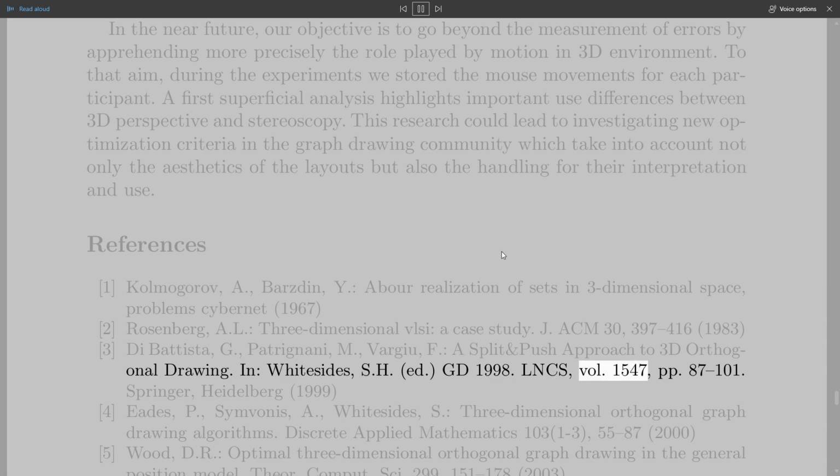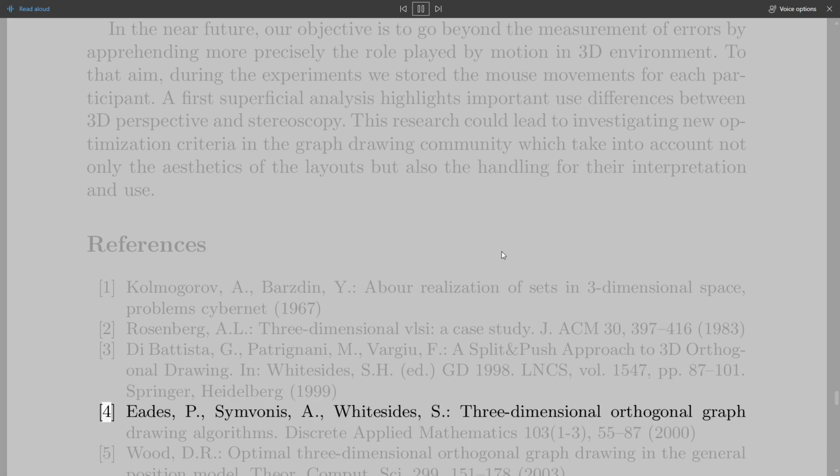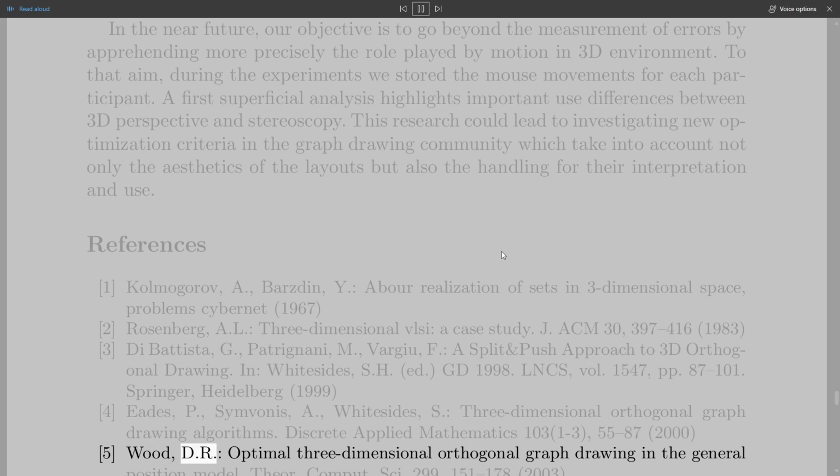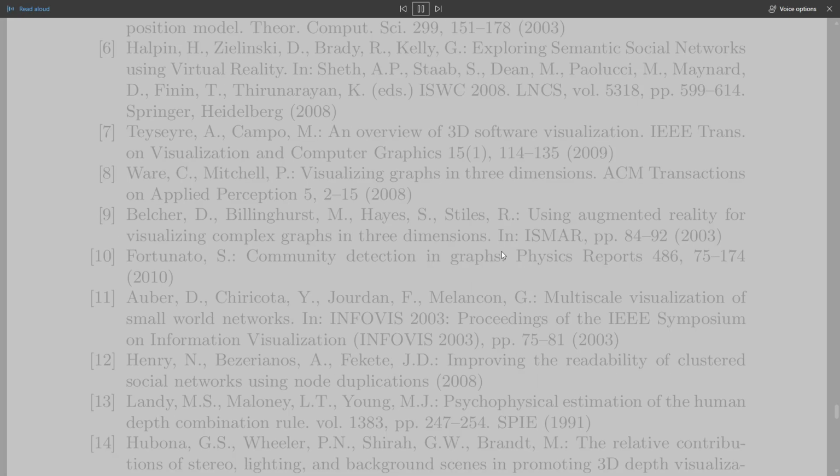LNCS, volume 1547, pages 87 to 101. Springer, Heidelberg, 1999. 4. Eads, P. Symbones, A. Whiteside's S. Three-dimensional orthogonal graph drawing algorithms. Discrete Applied Mathematics 103, 1-3, 55 to 87, 2005. 5. Wood, D.R. Optimal three-dimensional orthogonal graph drawing in the general position model. Theor. Comput. Sci. 299, 151 to 178, 2003.